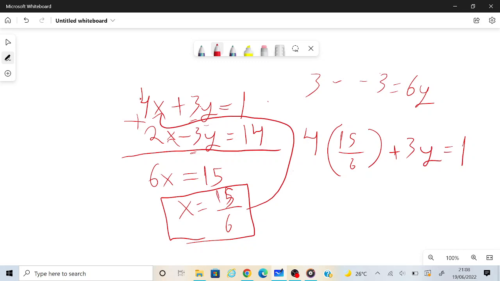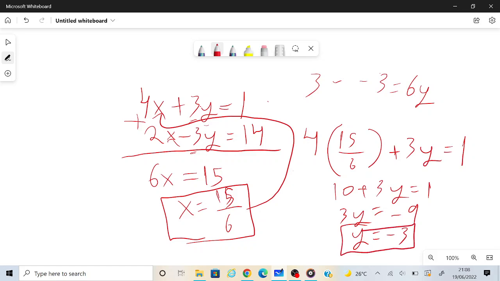Now, using your calculator, which you are allowed, I'm pretty sure, 4 times 15 over 6 is 10. 10 plus 3y is 1. 3y is 1 minus 10, because 10 goes to the other side, that becomes minus 9. y is minus 9 divided by 3, which is minus 3.